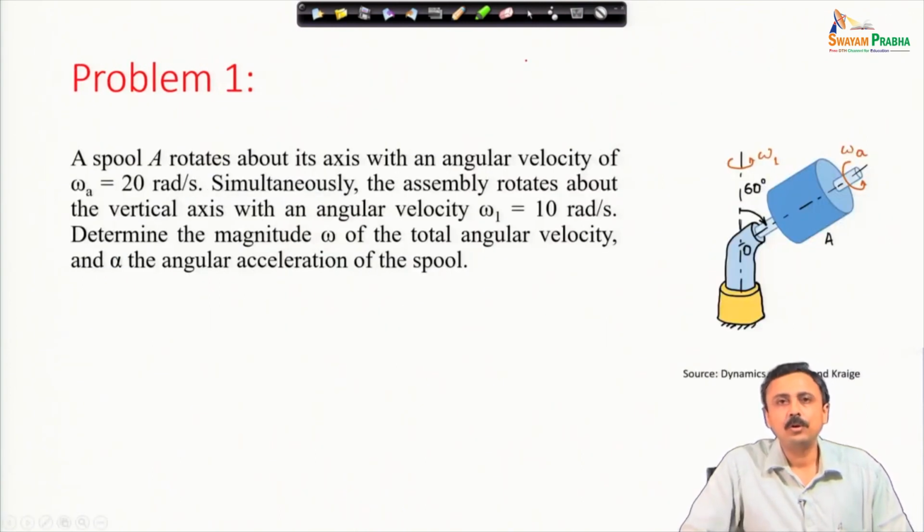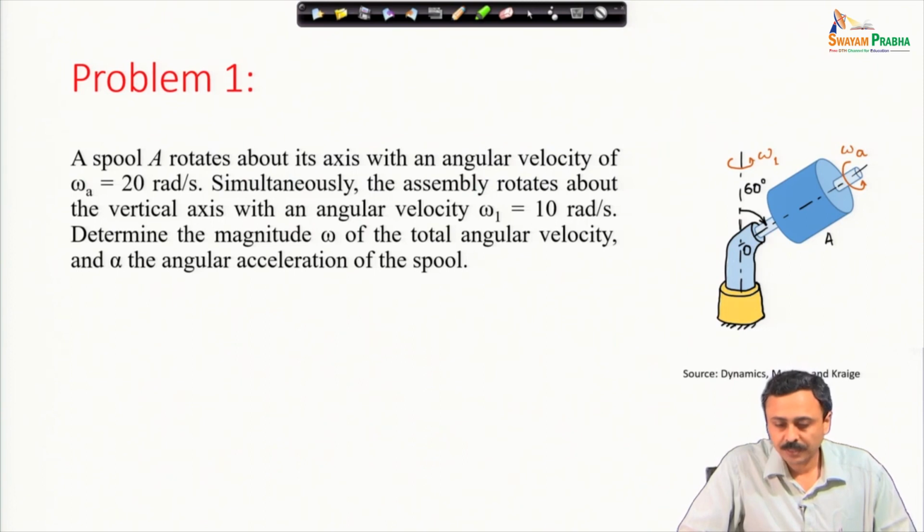Let us now move to some problems. This is a problem from the book of Meriam and Kraige, Dynamics. This says a spool A rotates about its axis with an angular velocity of omega A equal to 20 radian per second. Simultaneously, the assembly rotates about the vertical axis with an angular velocity omega 1 equal to 10 radian per second.